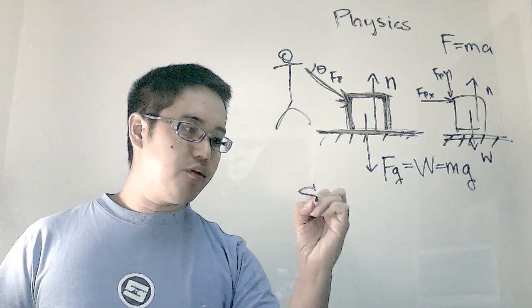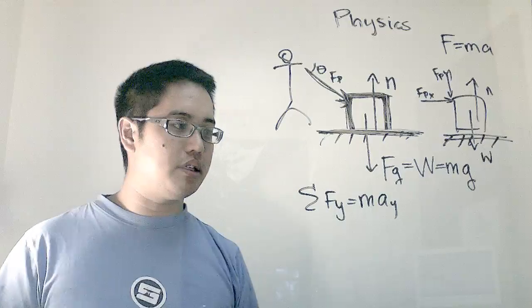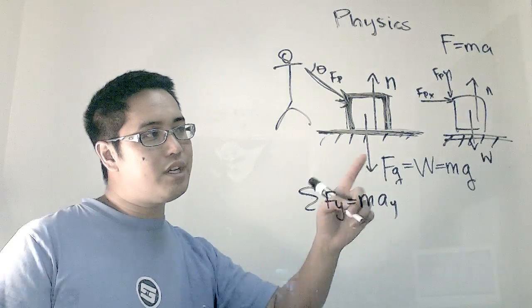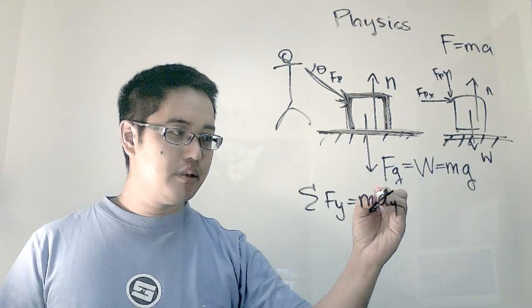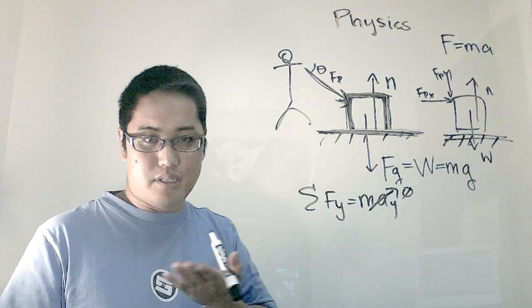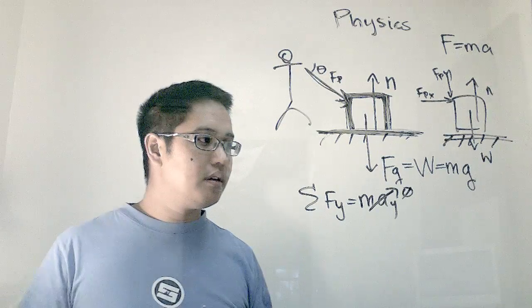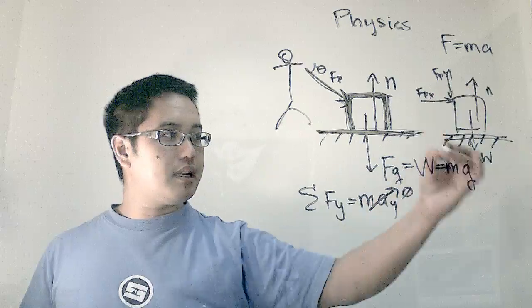If I add the forces in the y direction, that is equal to mass times acceleration in the y direction. What is the acceleration of this ottoman in the y direction? It's 0, because it's not going into the ground or coming out of the ground, it's just going across the ground. So what forces do I see acting on this ottoman?